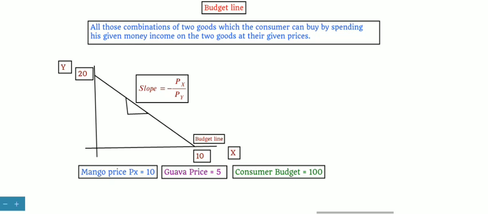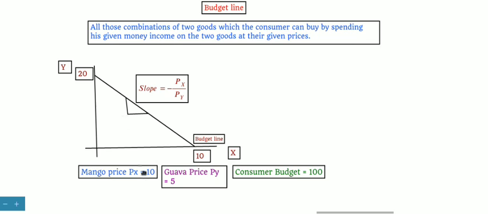So when the mango price is rupees 10, the consumer with the budget of rupees 100 can purchase a maximum of 10 mangoes, and when the guava price is rupees 5, that is price of y is 5, he can purchase a maximum of 20 guavas.